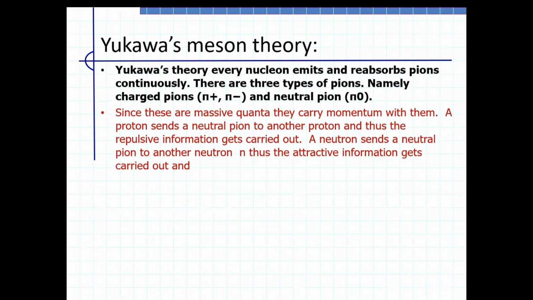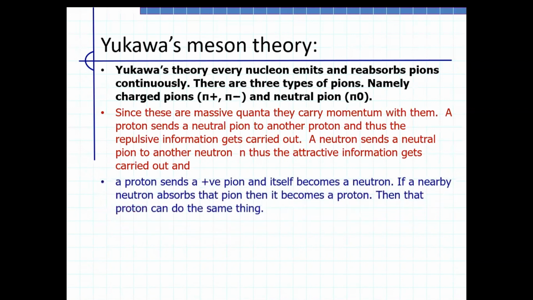Since these massive quanta can carry the momentum with them, a proton is going to send a neutral pion to another proton. Thus, the repulsive information will get carried out. A neutron will send a neutral pion to another neutron, and therefore attractive information will be carried out.